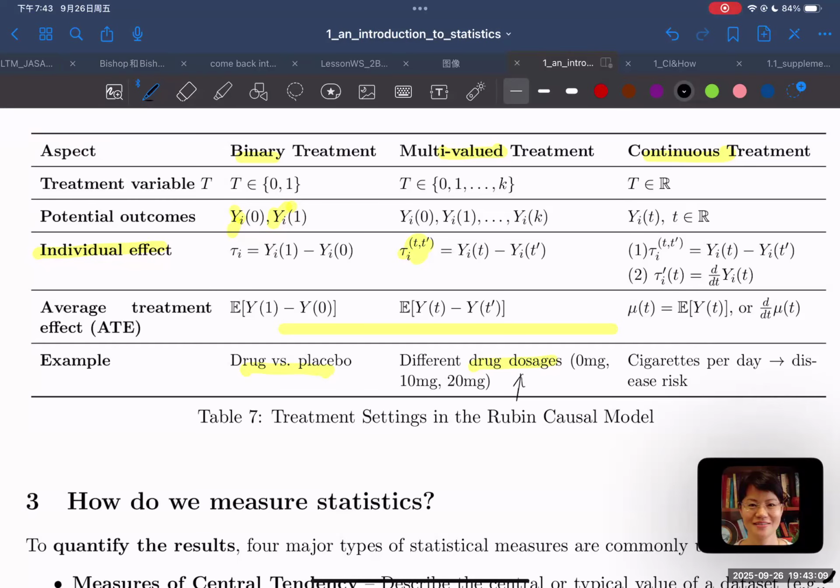In that one, there is some specific study. The different drug dosages take the therapy into several different categories.